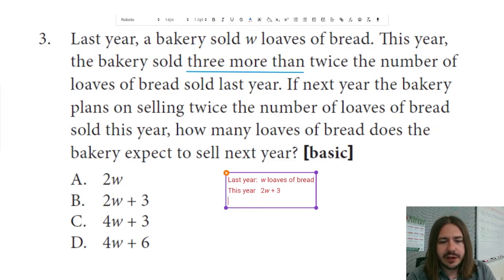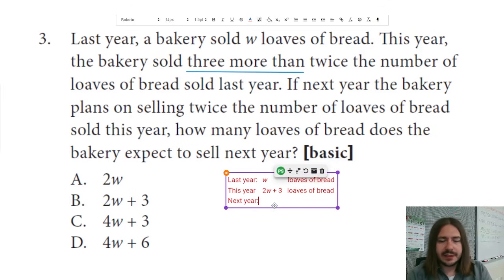And then finally, we're talking about next year. Next year, the bakery plans on selling twice the number of loaves of bread that it sold this year. We already know how many loaves of bread it sold this year, which is 2W plus 3. So next year, it should be twice that.